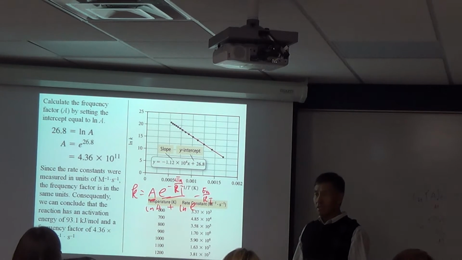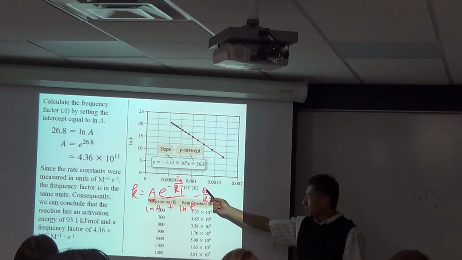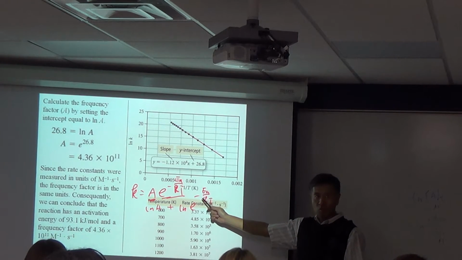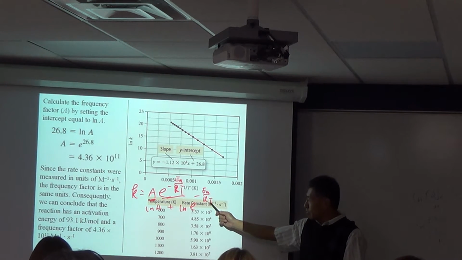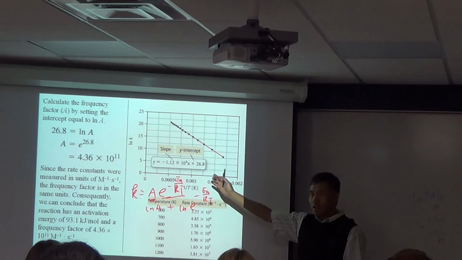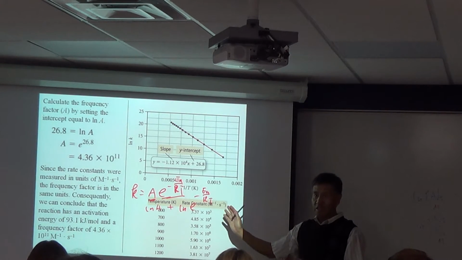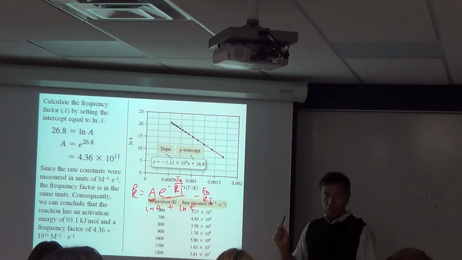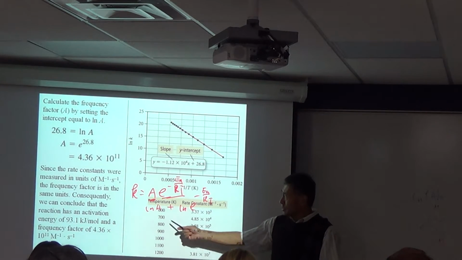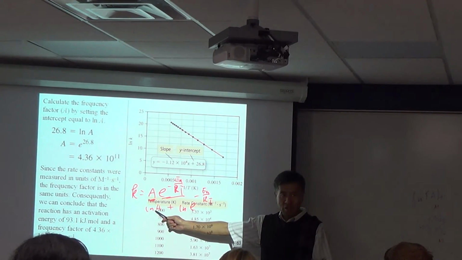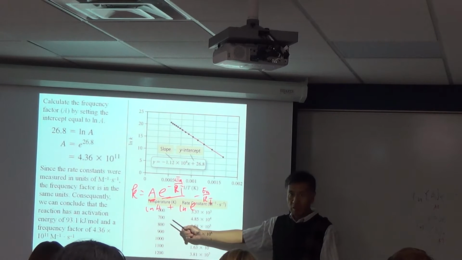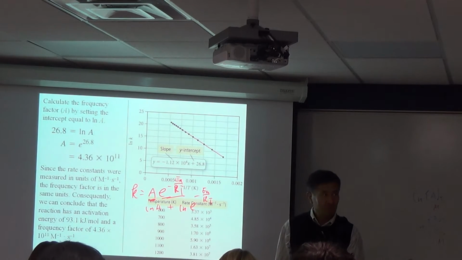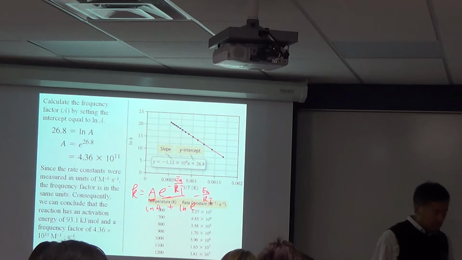Okay? And that's why you get the negative EA over R and then divided by T. But you see, okay, so 1 over T is my X. Okay? So what we want to find out here is this Ln A here. You get it? Right? So yeah, good.